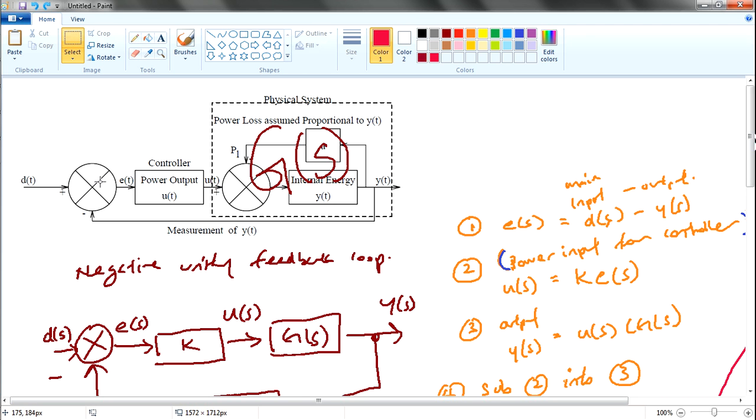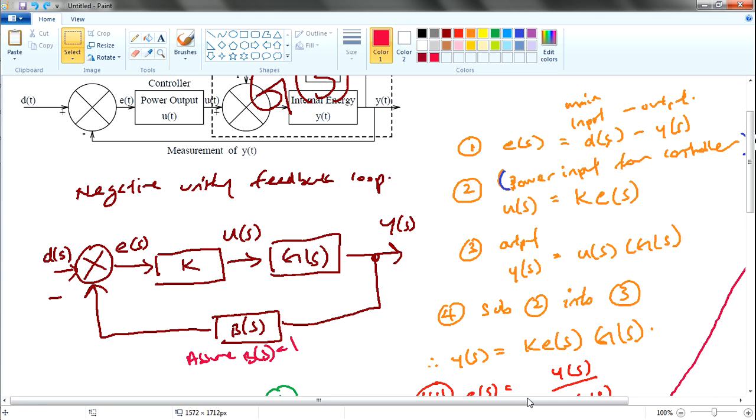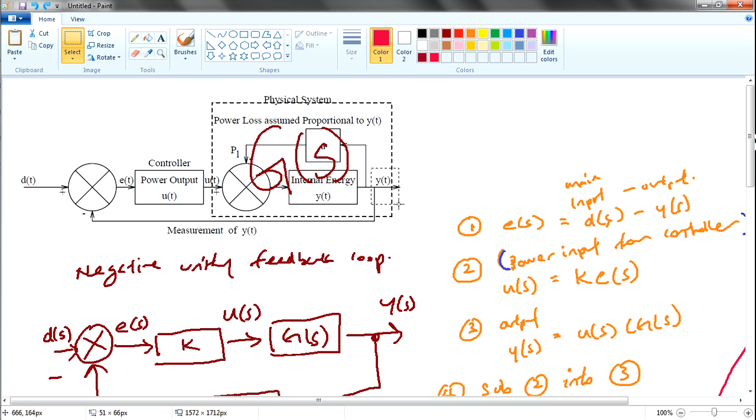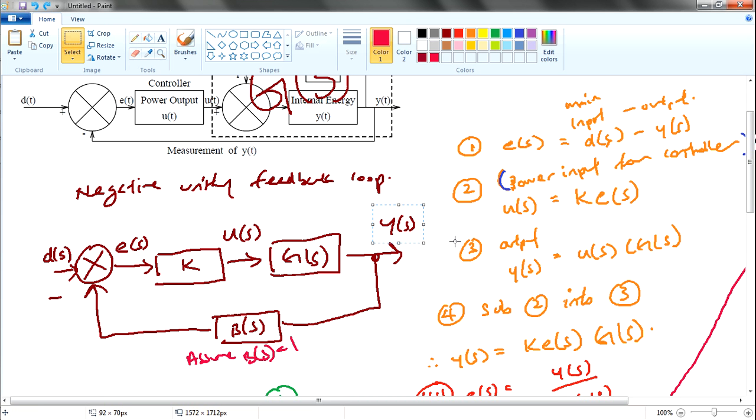After that you can feed back into your controller, which will decide whether you want to increase or decrease the amount of energy. So we have cleared this. The output itself, Y(s), is equal to U(s), the power input from the controller, multiplied by G(s). We are talking about the same picture.